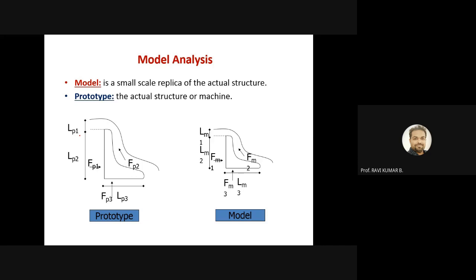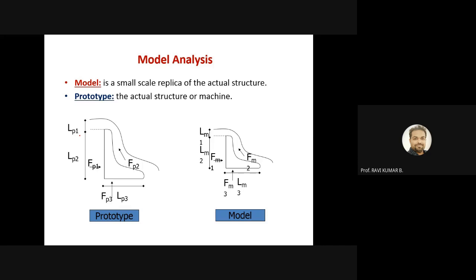Now similitude can be further divided into three categories, as we studied. One is called geometrical similarity, where we are just comparing the length and width of the prototype with the length and width of the model. If they bear a certain relationship, we say there is geometrical similarity. Kinematic similarity talks about velocity and acceleration. If the velocity and acceleration on the surface of the model and the prototype bear a certain relationship, we say it is kinematic similarity.